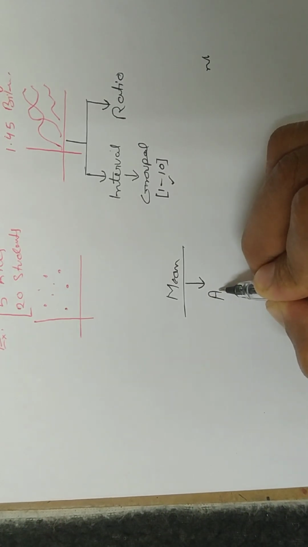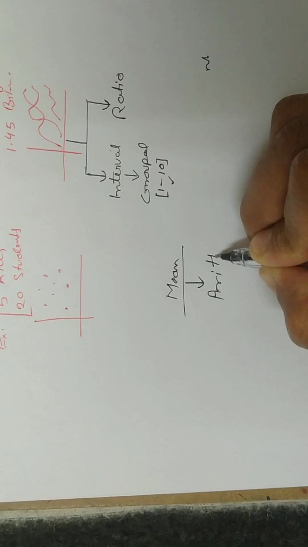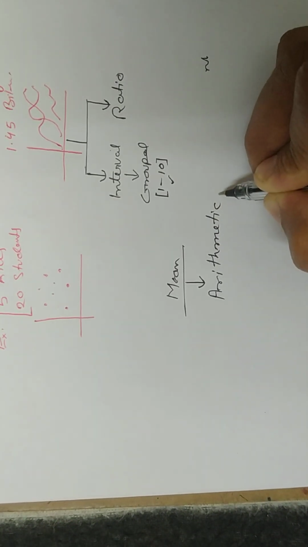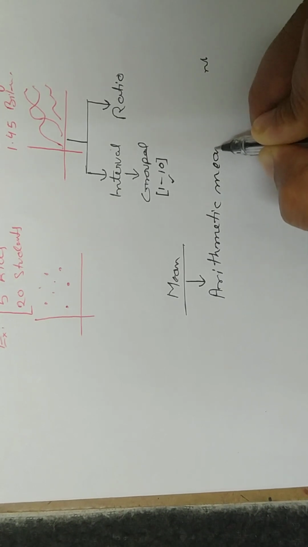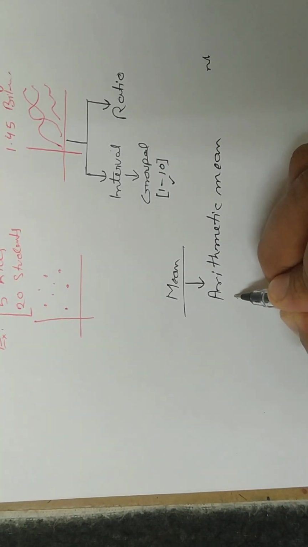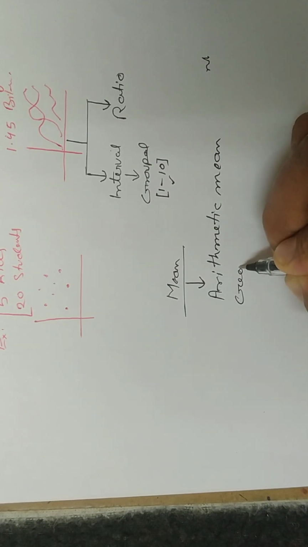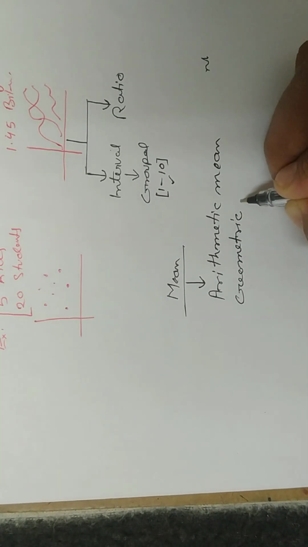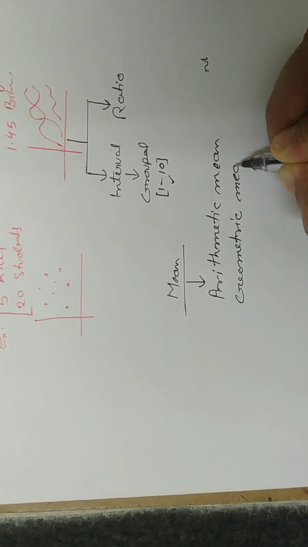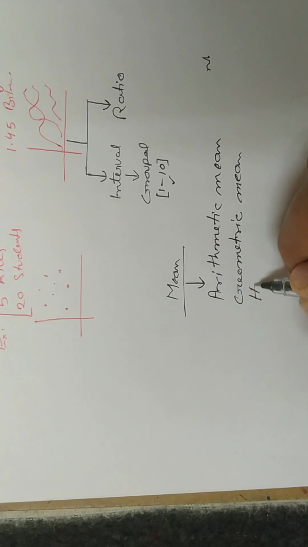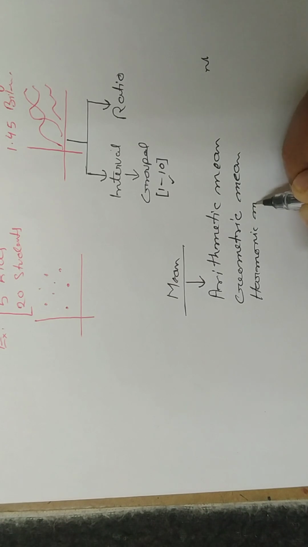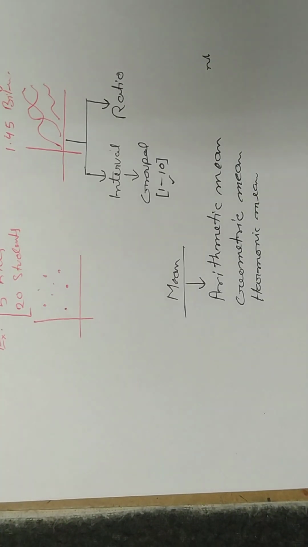One is the arithmetic mean. Second is the geometric mean. And third is the harmonic mean. So these are the three types of mean.